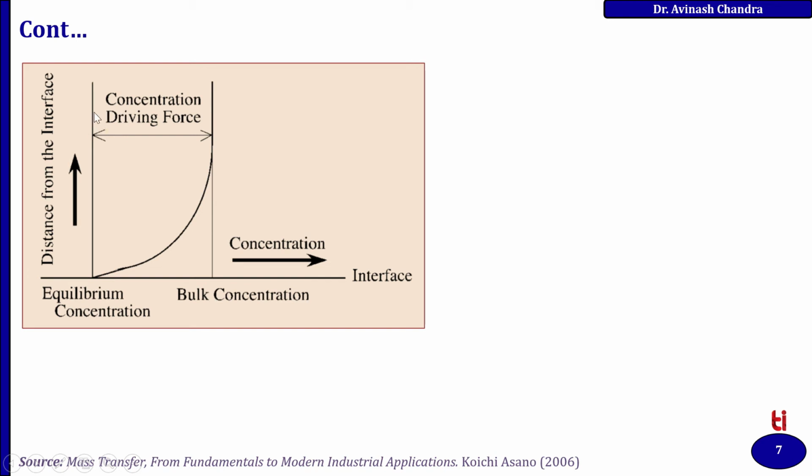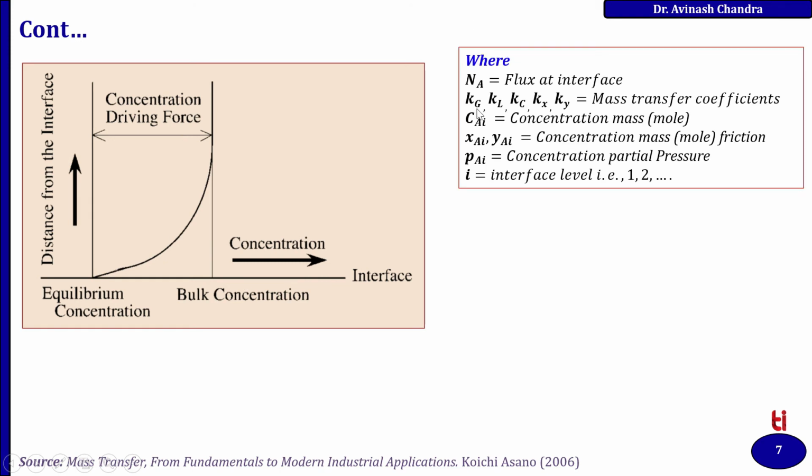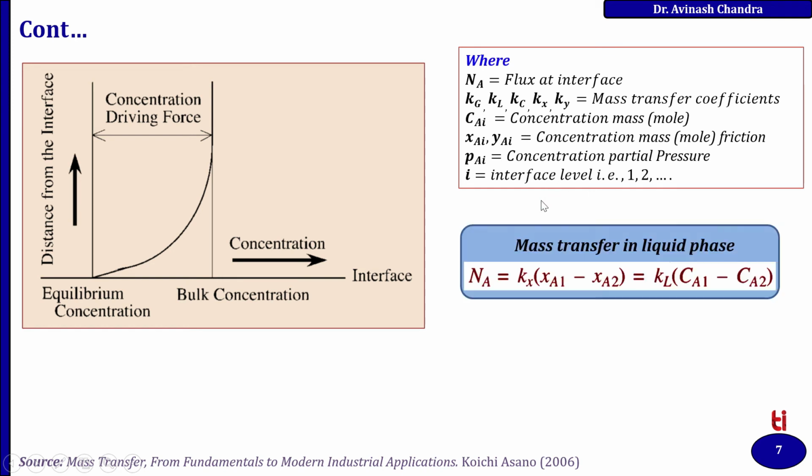This difference is termed the concentration driving force at the interface, where N_A is the flux at the interface, and K_G, K_L, K_C, K_x, K_y are the mass transfer coefficients, x_Ai and y_Ai are the mole fractions, and P_i is the partial pressure. The subscripts 1, 2 and 3 represent different levels.